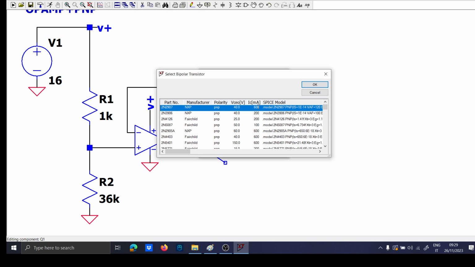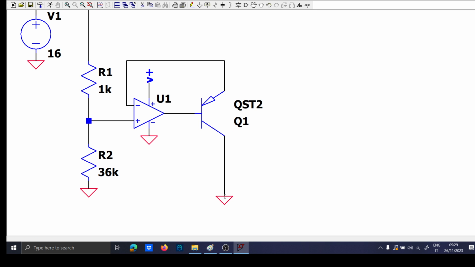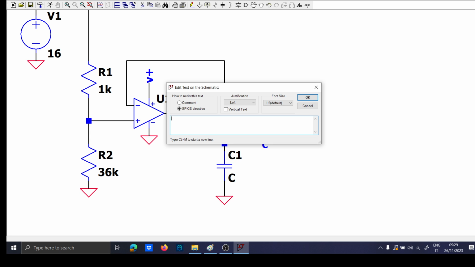Let's choose, for instance, yes, this has a very big IC current. So we will put a capacitor as a load. This capacitor here we will call the node C, and it will start with 0 voltage, so that we will have a very big load at the beginning.